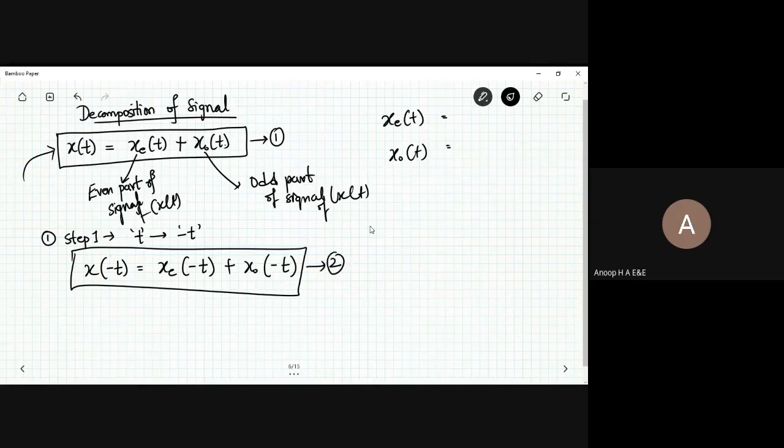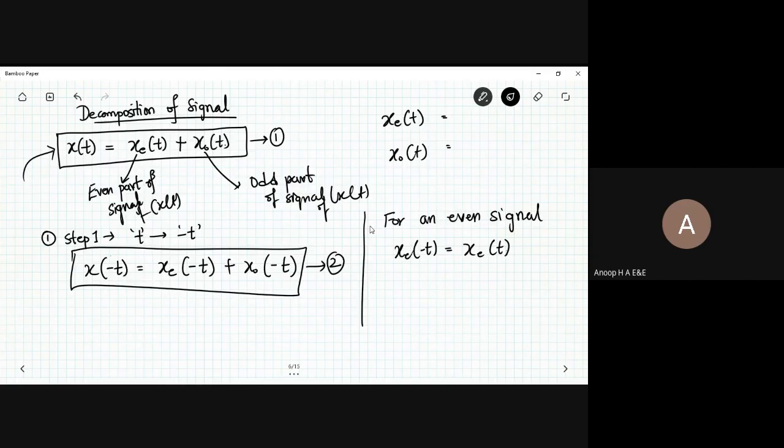Now you need to recall the condition for an even signal: x even of minus t will be equal to x even of t. If you recall the fundamentals of signals, what we did in the previous class and today at the beginning of the class, for an even signal x even of t will be equal to x even of minus t.